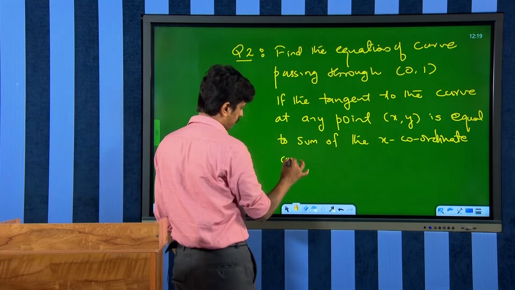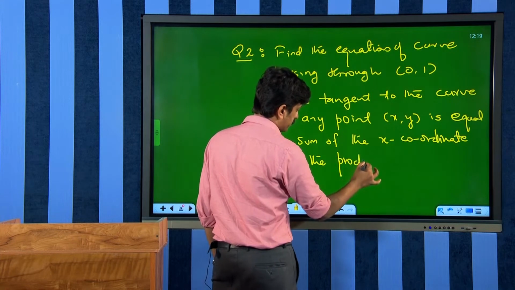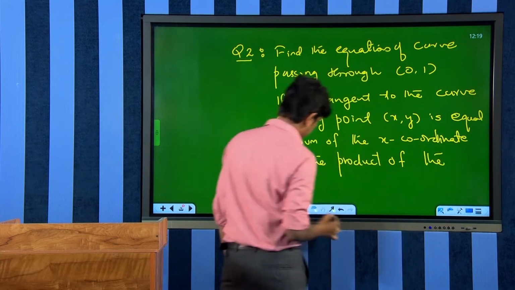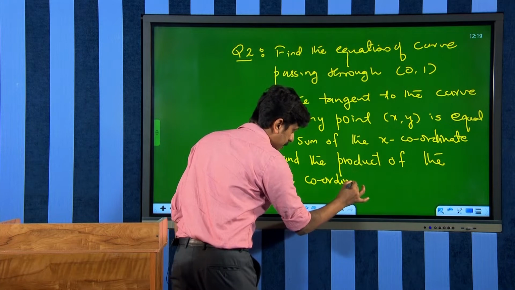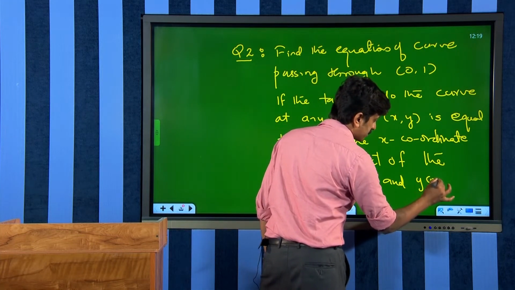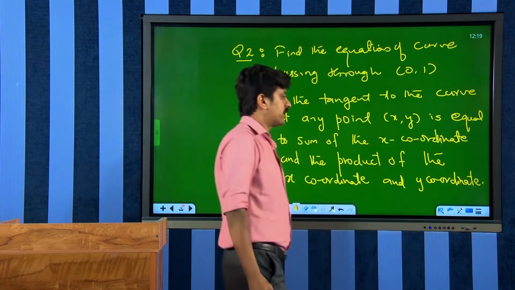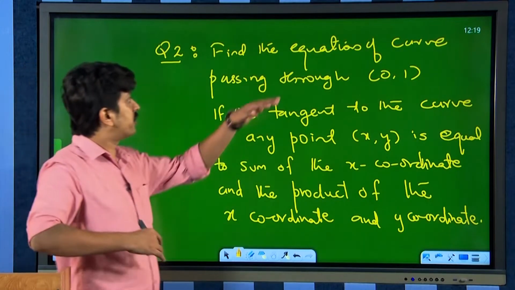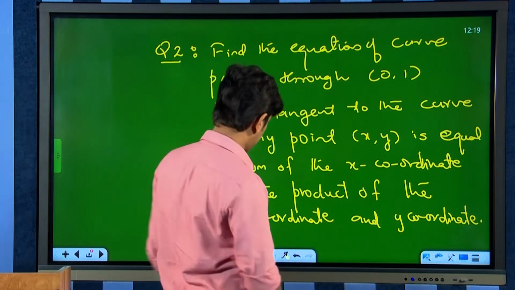So, actually we need to find an equation of the curve, that equation of the curve passing through the point 0 1.